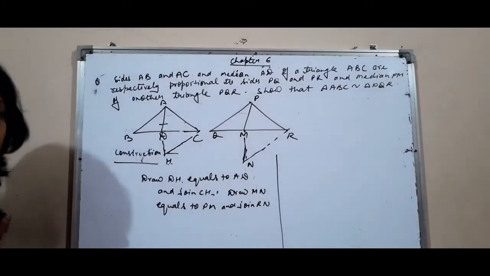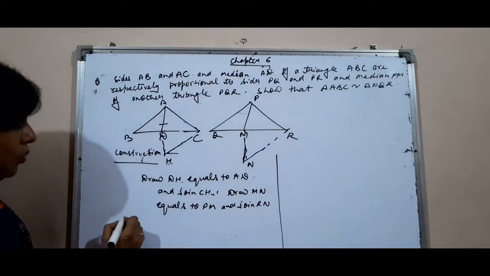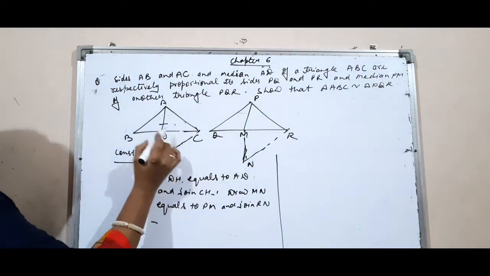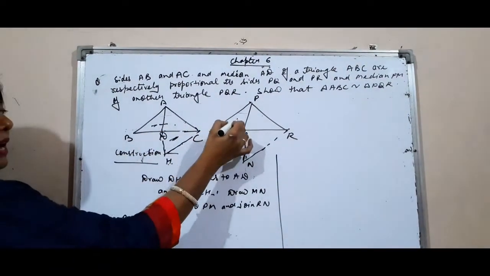Okay. Now in the proof, what you have to do, we will prove that these two triangles are congruent.